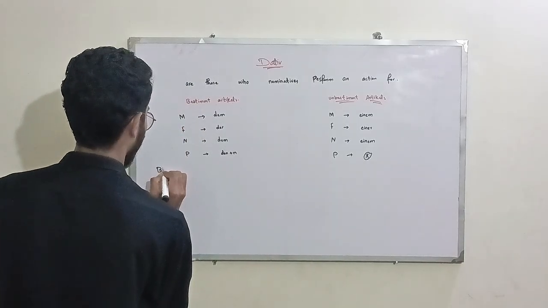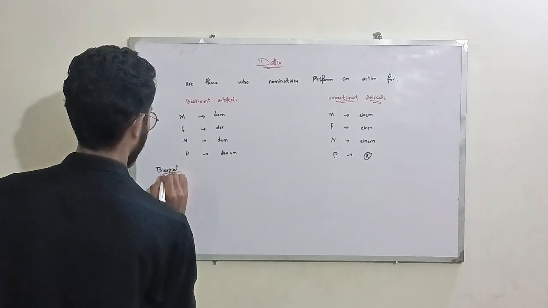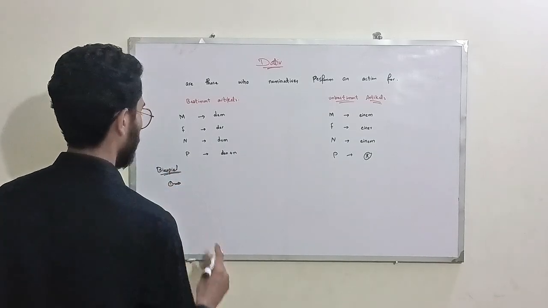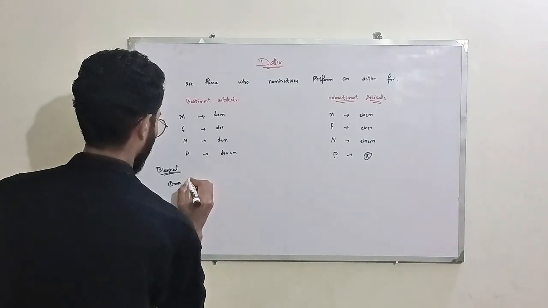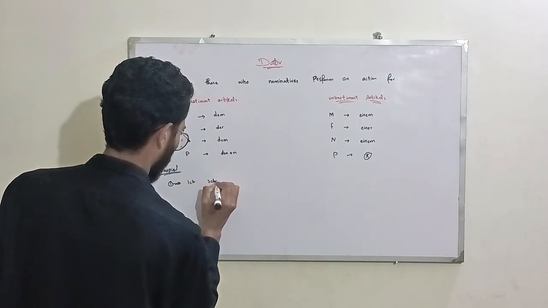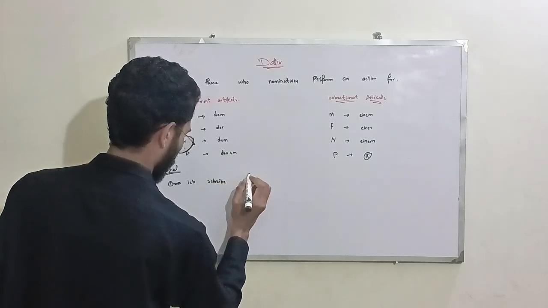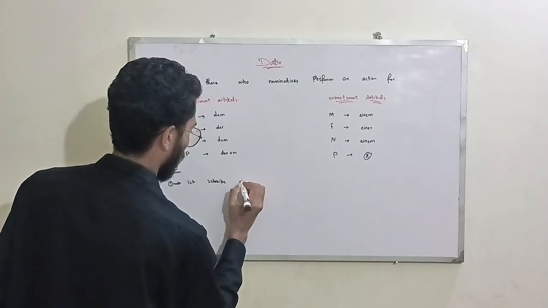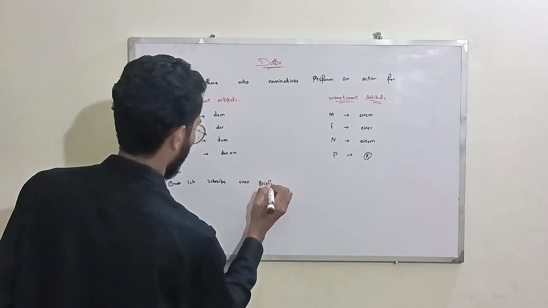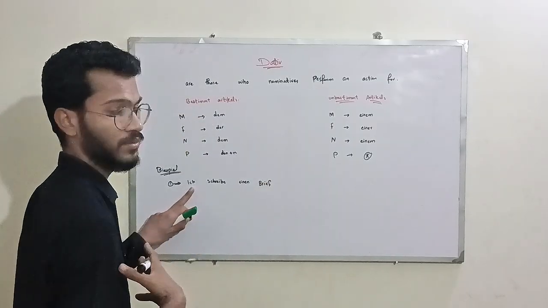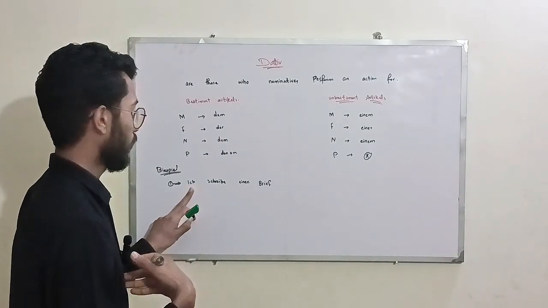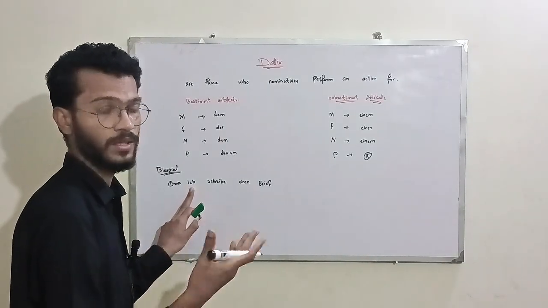Beispiel. Ich schreibe einen Brief. Ich means nominative. Ich means I. I is a nominative.